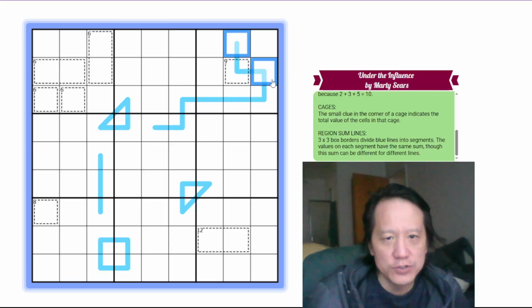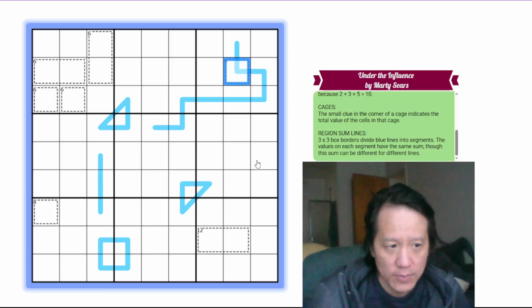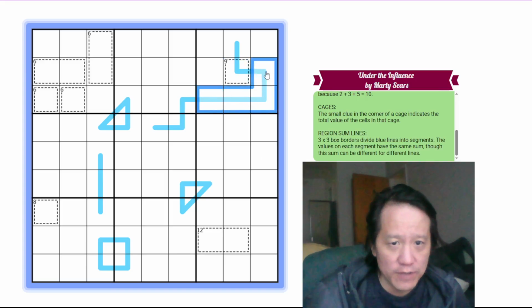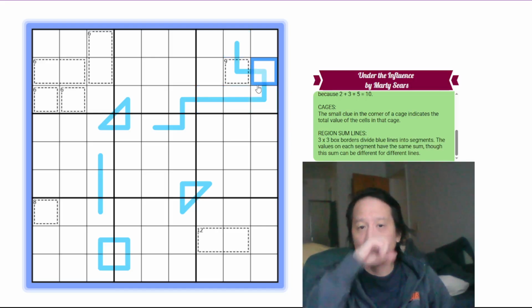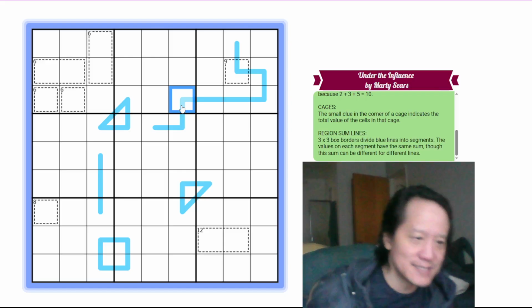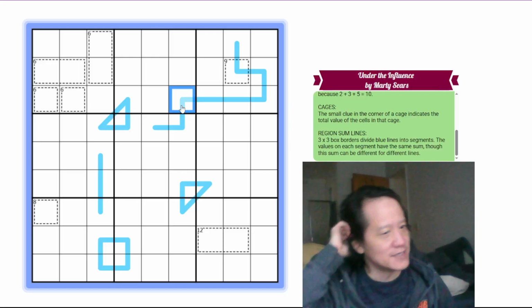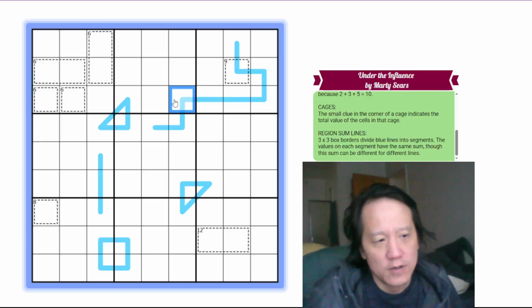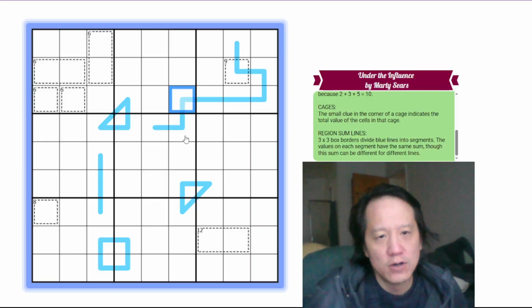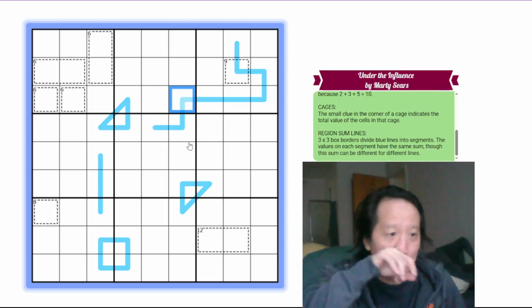Actually, it's 1, 2, 3, 4, 5 at minimum. 15 plus this is a value of 9. So it has to be 1, 2, 3, 4, 5, 9, which this cell's value must equal. So that's 24. 15 plus 9 is 24. This cell must have a value of 24.